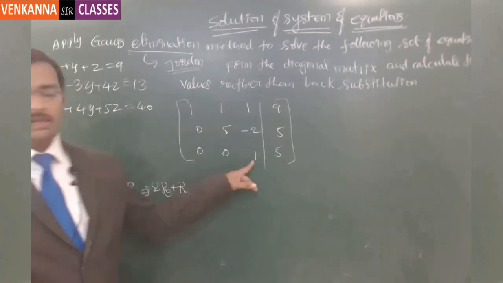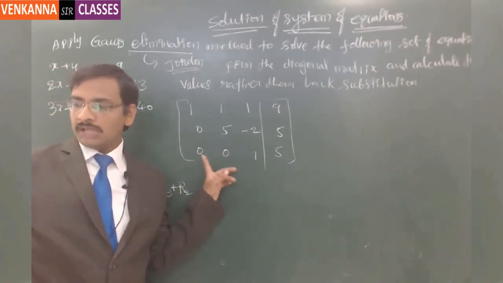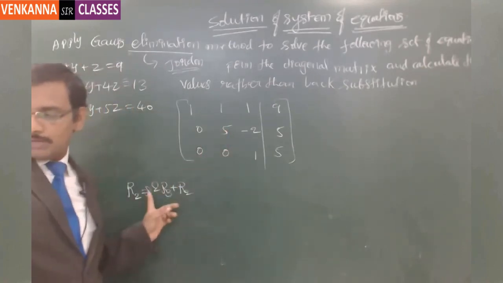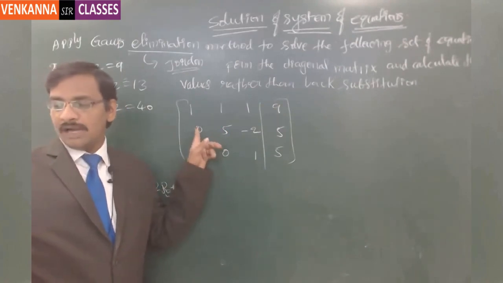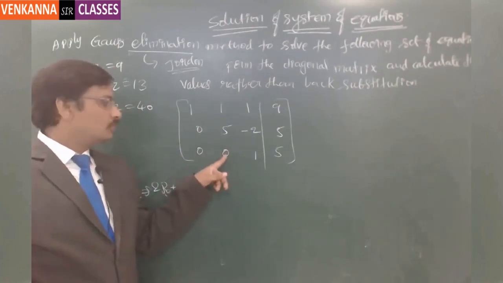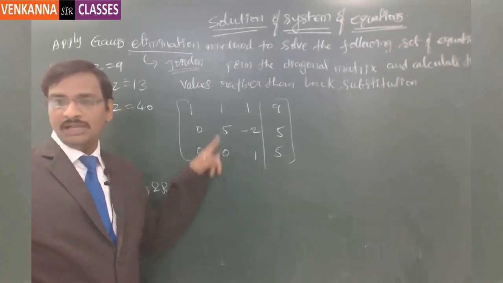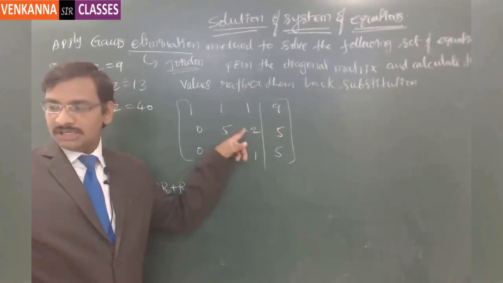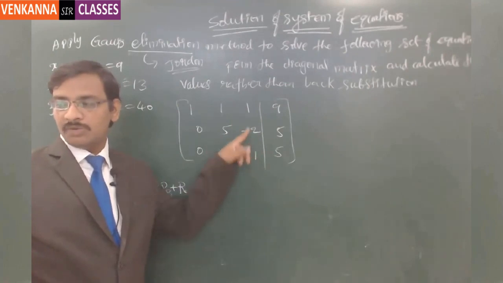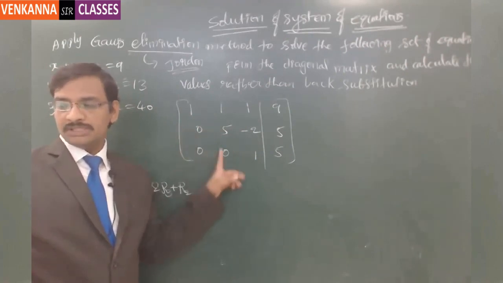If I multiply 2 times R3, these two are anyway 0, so there won't be extra additions when you add to this. 0 times 2 is 0, and adding 0 to this row won't change this number. But here it will definitely make a change, and the intention is to make this 0. For that you can make use of this number to make this value 0 and this value 0, without disturbing this diagonal or this bottom triangle.